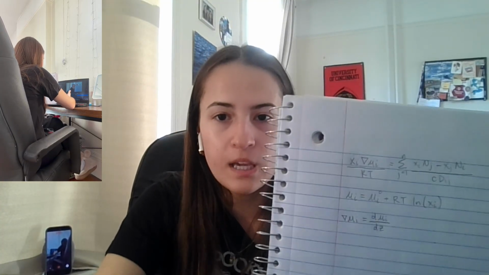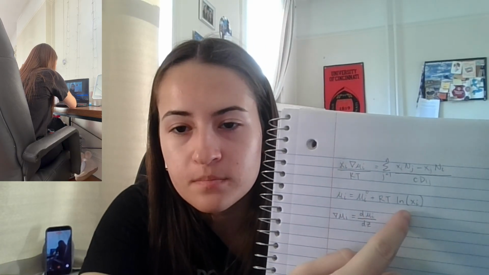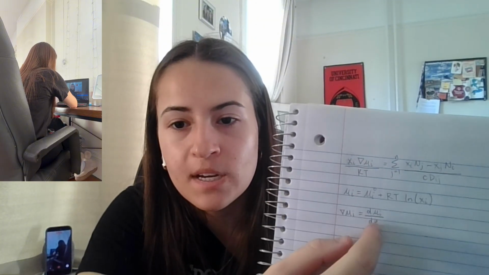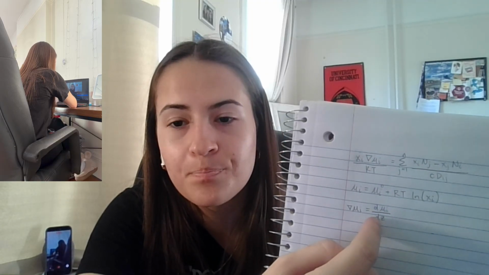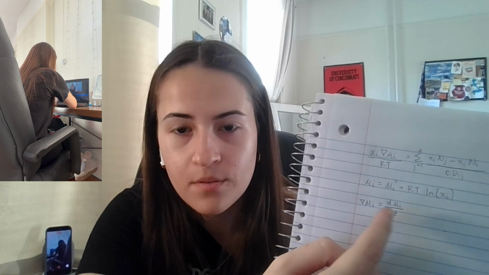But since we're substituting this equation in for our chemical potential in the main equation, we need to take the derivative of this equation so that we can substitute the gradient of chemical potential of i back here.